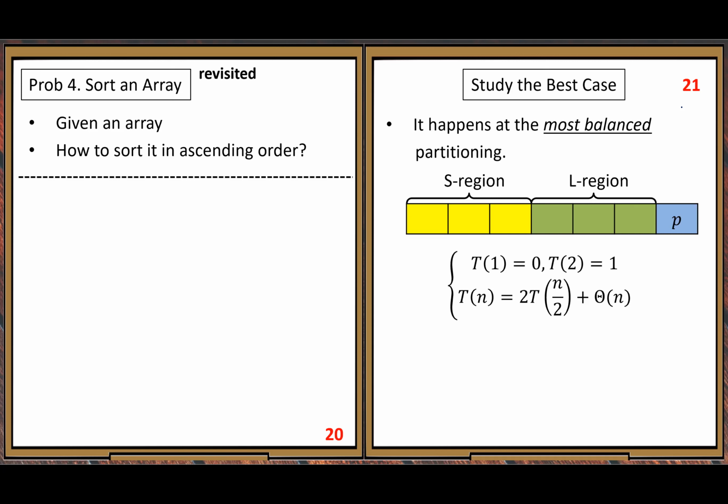T of n, in order to solve the whole problem with the size n, we need to solve two subproblems with approximately half of the original size, 2 times T of n over 2, and then the cost for the partition step, that's big theta of n. So we go through all the elements. Then we just need to solve this recurrence relation, with some constant c.